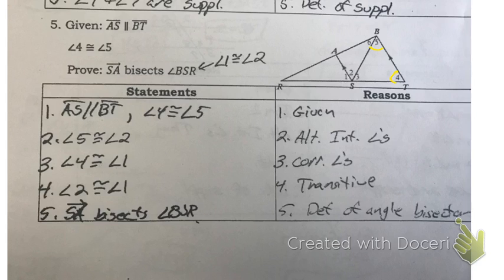So in my drawing, it would look something like this. I proved that 5 is congruent to 2, alternate interior. Then I proved that 4 is congruent to 1. So that means all 4 of those angles are congruent. By the transitive property, angle 2 and angle 1 are congruent. So by the definition of bisector, they must bisect that angle. Good? Awesome. All right, Sophia.